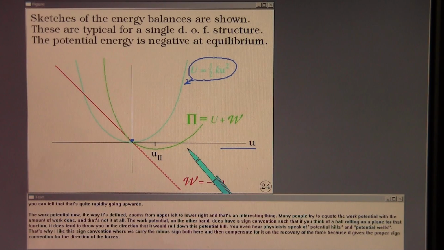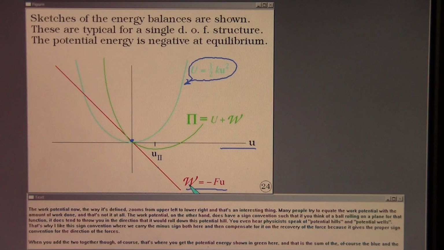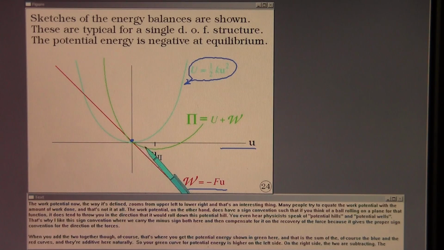The work potential now, the way it's defined, zooms from upper left to lower right, and that's an interesting thing. Many people try to equate the work potential with the amount of work done, and that's not it at all. The work potential, on the other hand, does have a sign convention such that if you think of a ball rolling on a plane for that function, it does tend to throw you in the direction that it would roll down this potential hill.